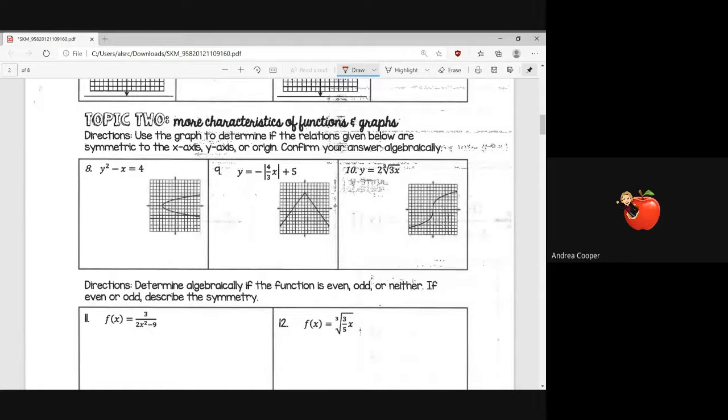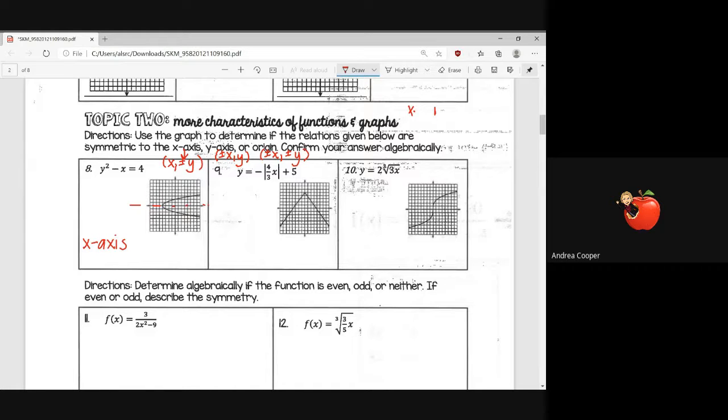So remember, if it's symmetric with the x-axis, you have that plus or minus y value. It's the same. If it's symmetric with the y-axis, plus or minus x, and origin is plus or minus x, plus or minus y. So if you look at the graph, you can tell it's symmetric with the x-axis just by the graph.